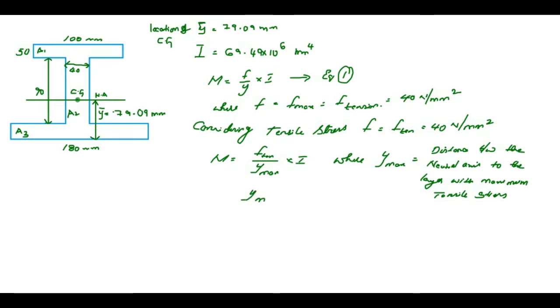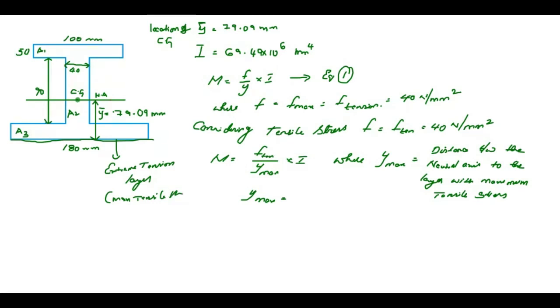See from the figure and tell me. So this is the tension layer, the extreme tension layer. This is the layer in which the stress is going to be maximum. Maximum tensile stress is going to exist in this layer.